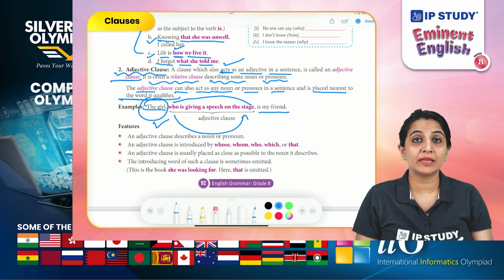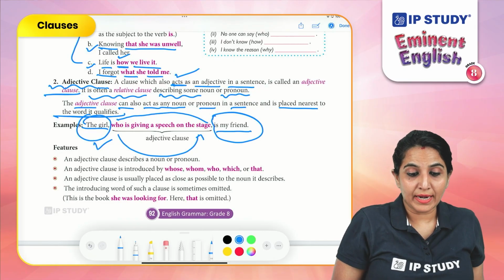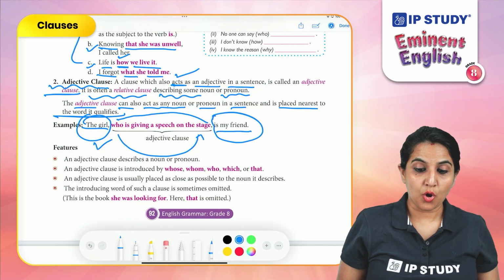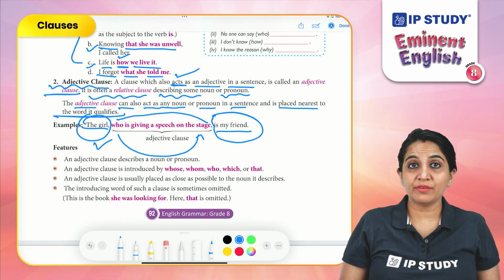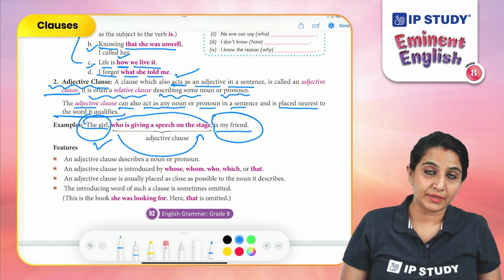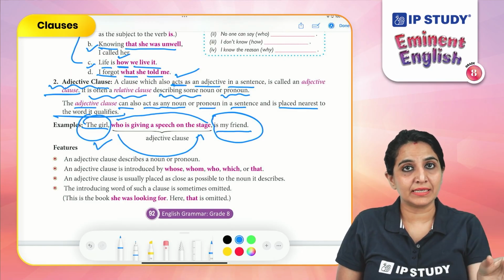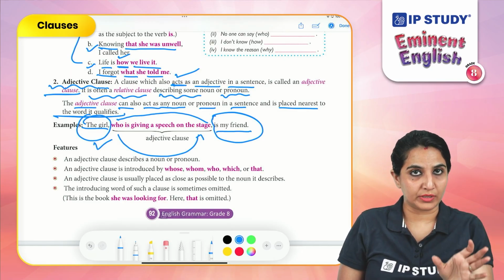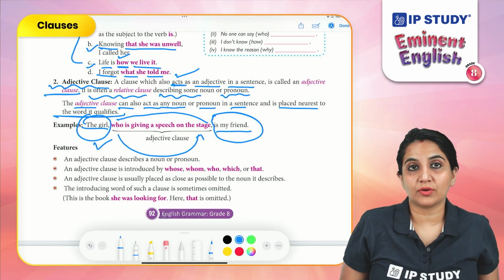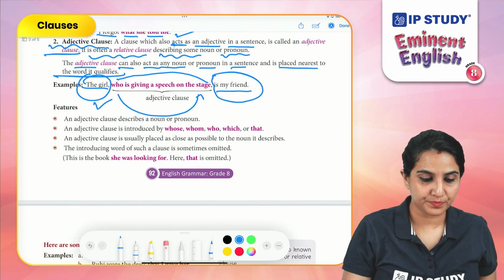And then we are adding more information, is my friend, right? So when you are adding more information or when you are qualifying something, that is called an adjective clause. Always remember, an adjective clause is placed nearest to the word it qualifies. An adjective clause can also act as a noun or a pronoun in a sentence.